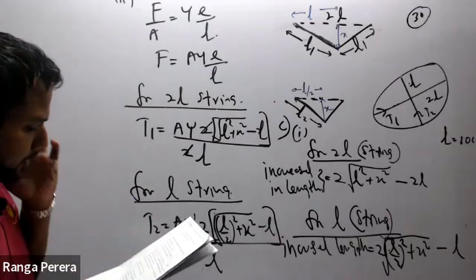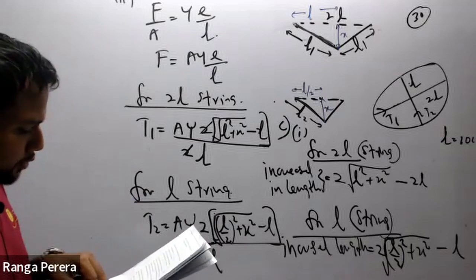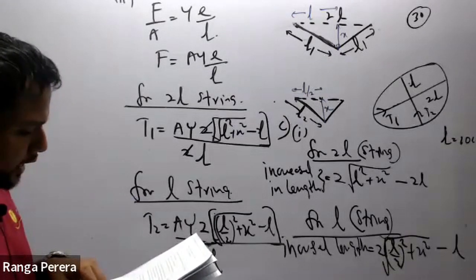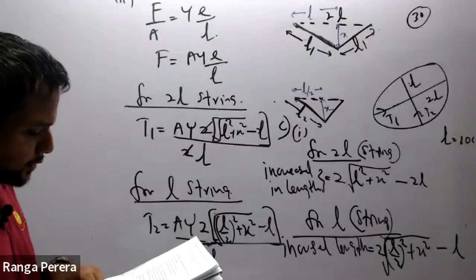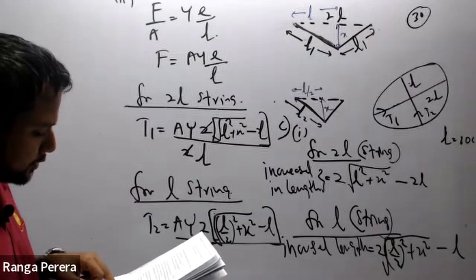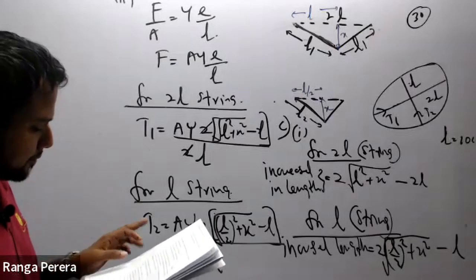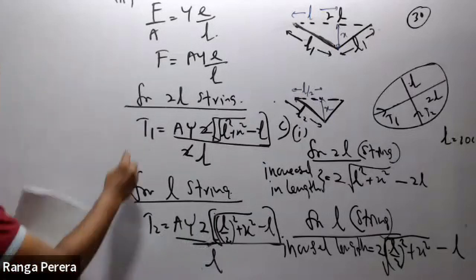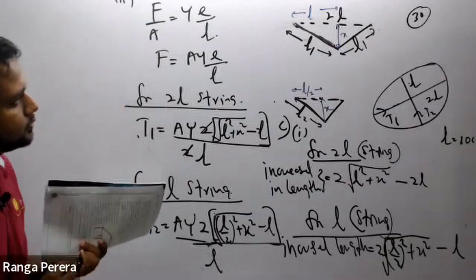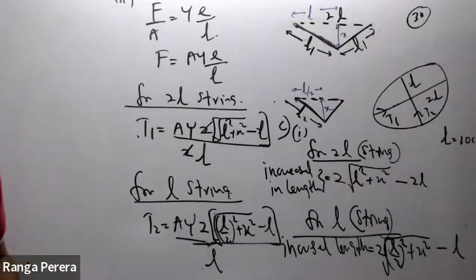If X equals 0.5 centimeter, substitute the values given for L and X, and hence show that the tension of the shorter string is higher than that of the longer string. Let's find it for T1.